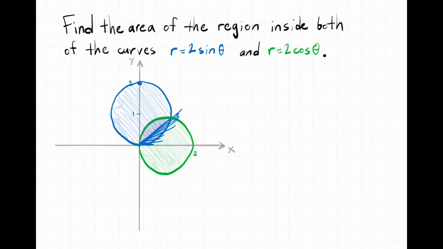We have this region in here that is bounded by the blue curve. Later, for larger values of theta, going up to pi over 2, here's pi over 2, the green curve is what's bounding that region.